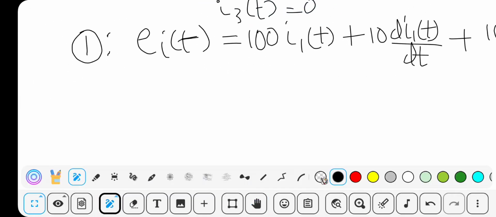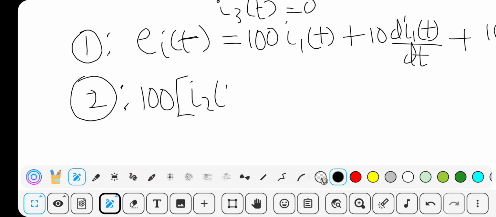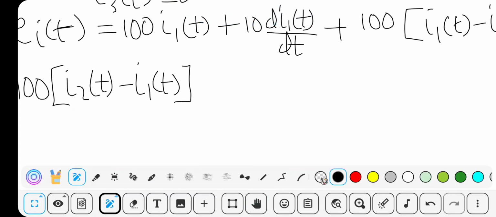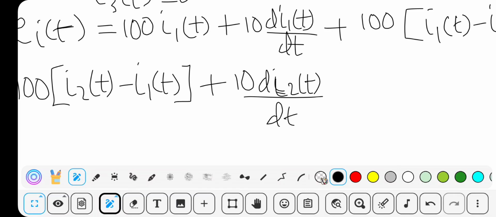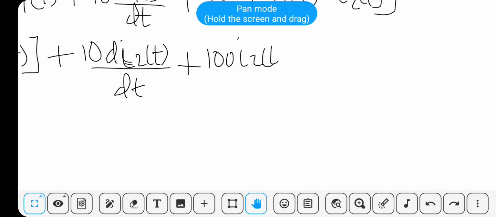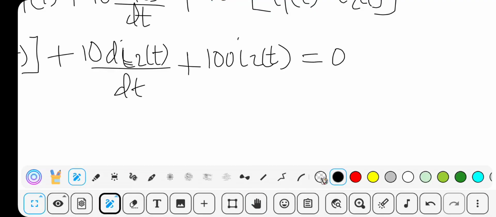For the second equation, substituting I3(t) equal to 0, you have 100 times I2(t) minus I1(t) plus 10 dI2(t)/dt plus 100 I2(t) equal to 0.